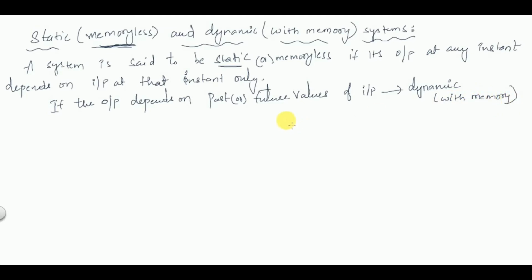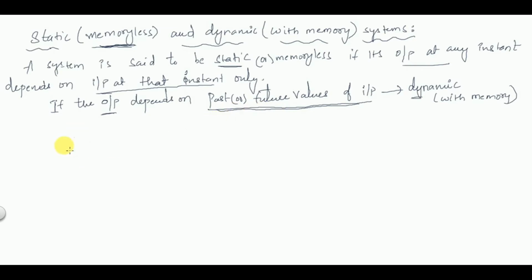Okay, so this is a simple classification. System output at any instant depends on the input at that instant only. If output depends on past or future values of input, then it is called a dynamic system.